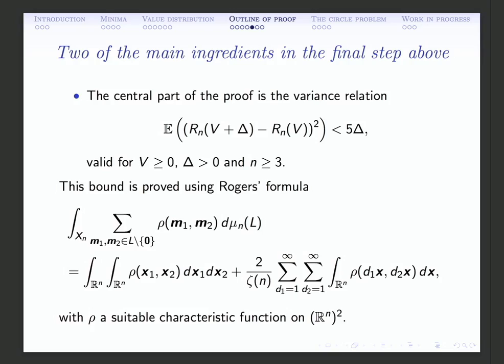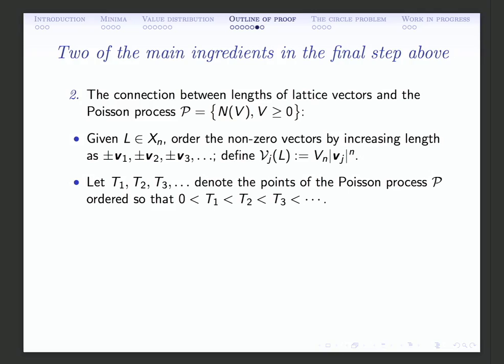Okay. Understanding this value distribution result is really what I want to focus on. There was also a question about what the relation was between lattices and the Poisson process that was in the limit variable. And the relation is the following. If I take a lattice L, I remove 0 and look at the non-zero points, then I can order the remaining vectors by size.